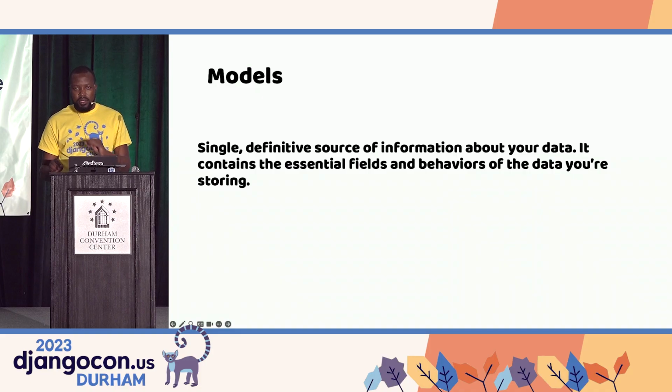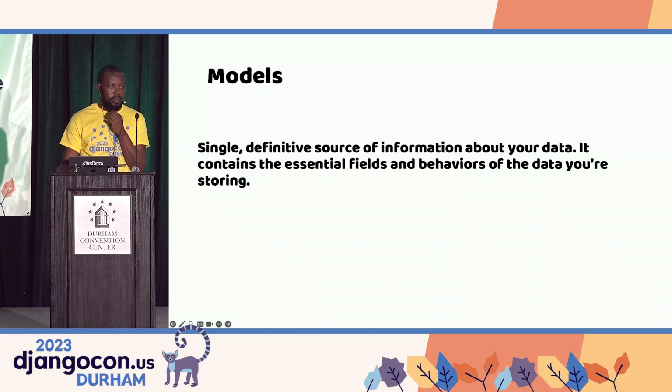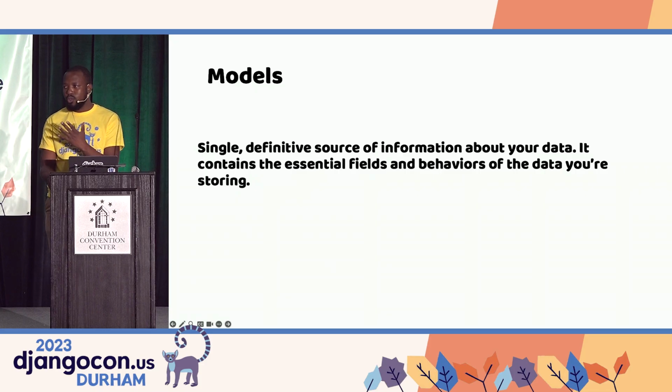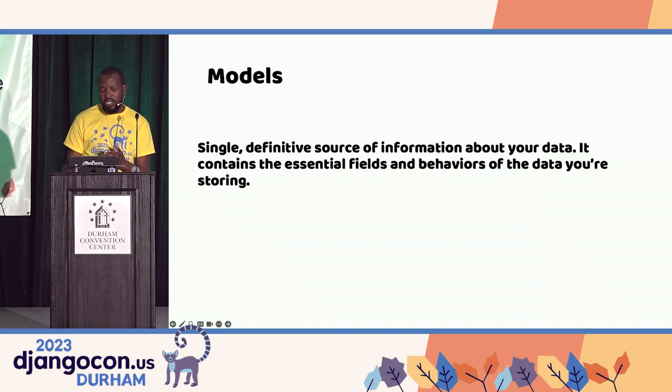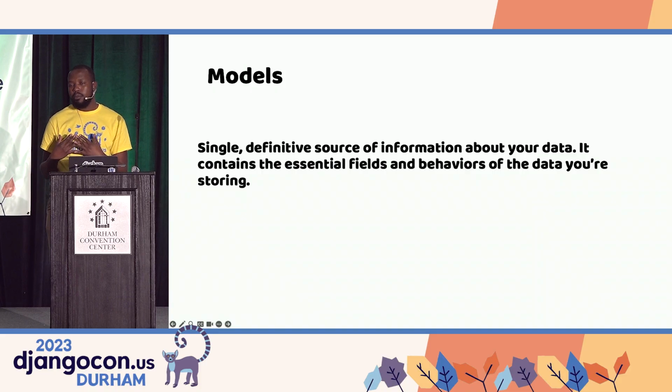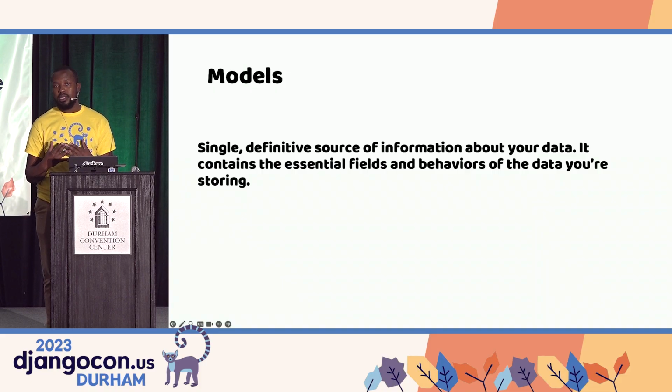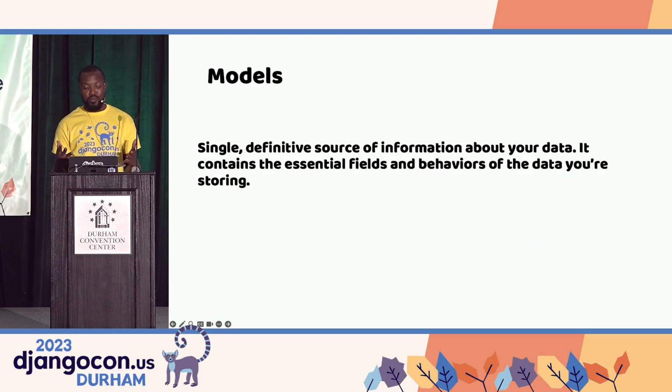So models describe the features of your data. They give your data structure. And personally, when I came into Django, that is something that drew me closer to Django. Not only that, models come with an API, and it is easy.